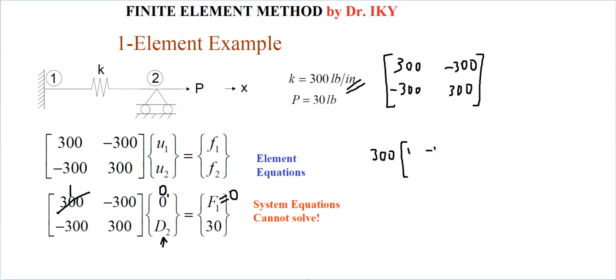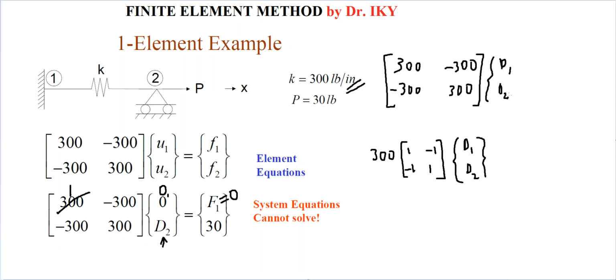1, minus 1, minus 1, 1, 2 times 2 for the row and columns of the matrix, D1, D2. Also, I can continue here.